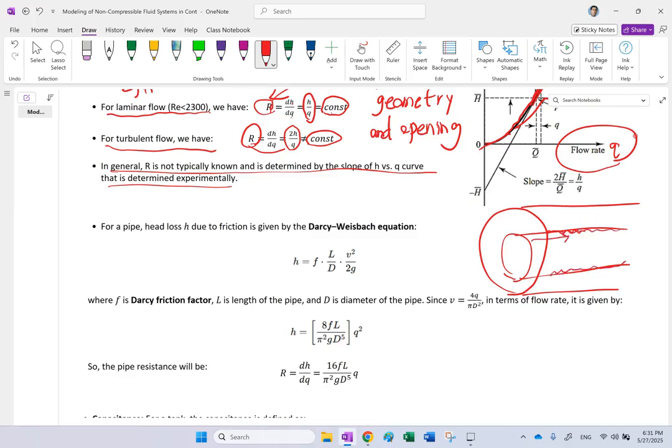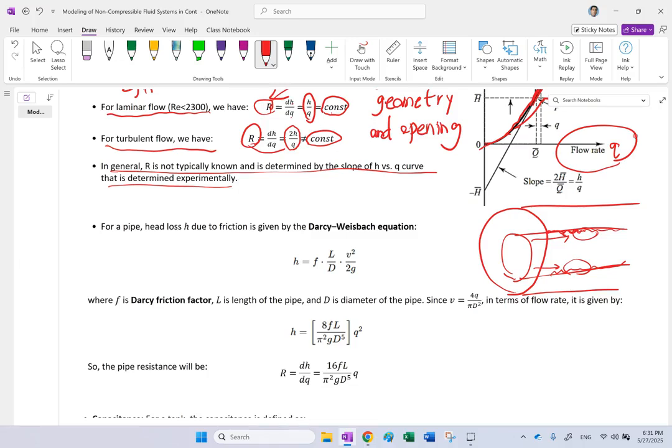So when fluid passes through that, clearly there will be some friction here, and you're going to lose some energy, which you can define as a head drop or a pressure drop.